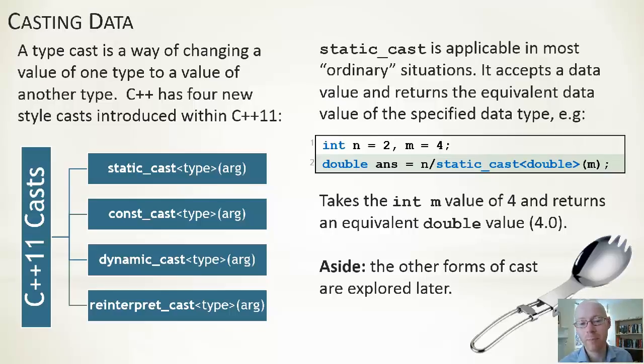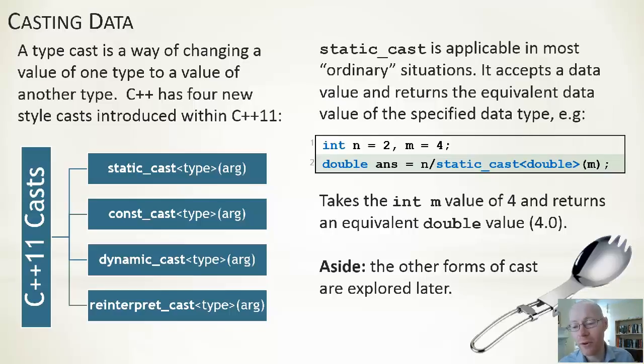So you can see an example here at line 1 in this little fragment of code. We have two ints, n is 2 and m is 4. On line 2, we're creating a double value called ans, and we want to set that equal to n divided by m. Now, if we're using integer arithmetic, integer 2 divided by integer 4 is going to be 0, but we want to have an accurate floating point representation.